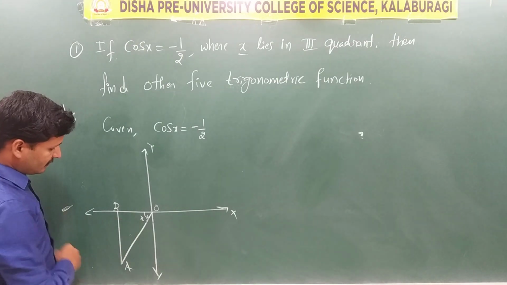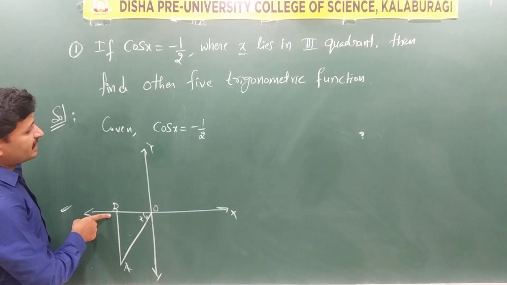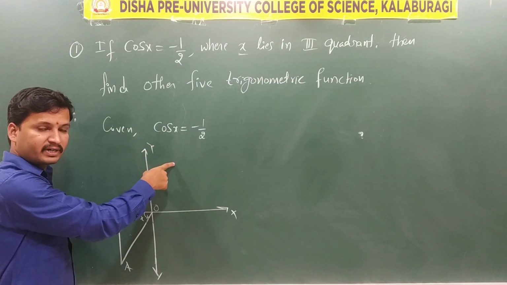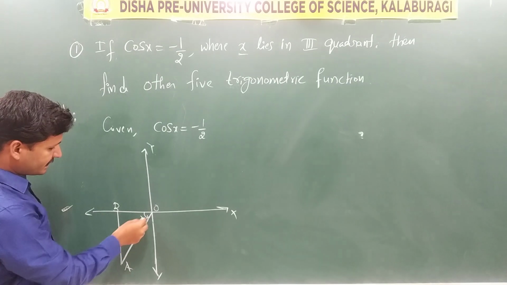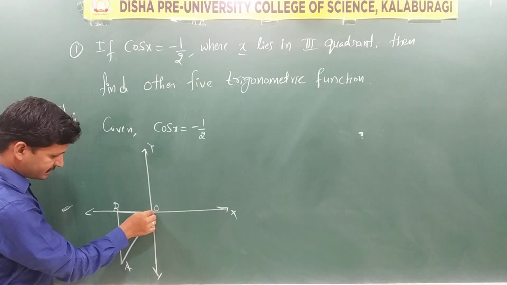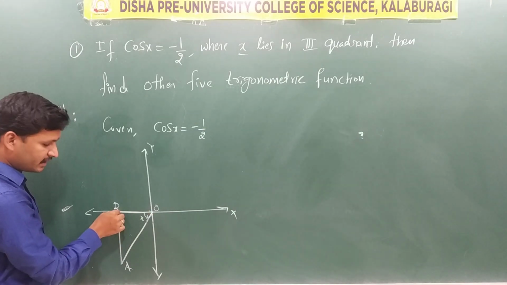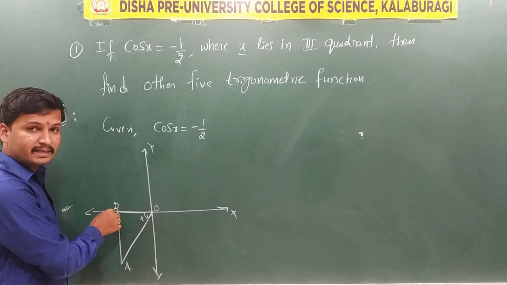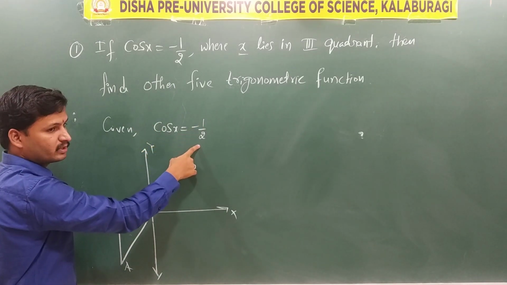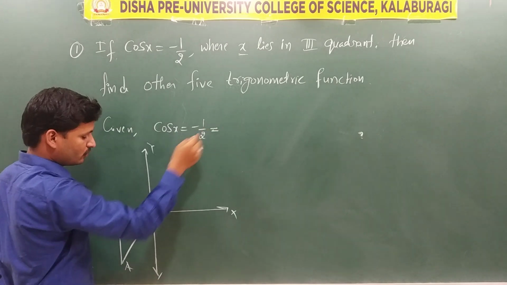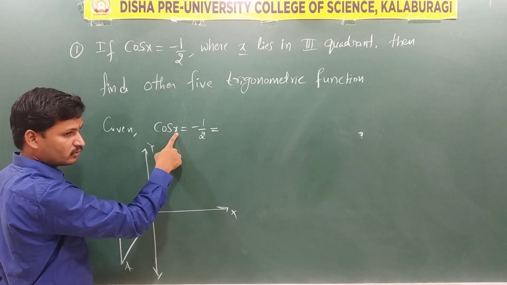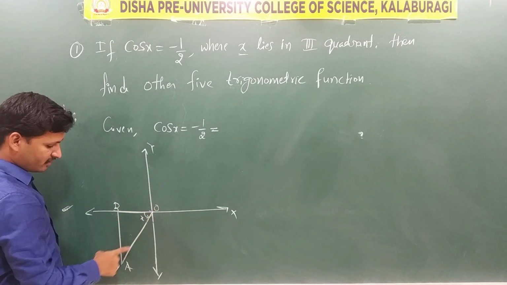Then define the cos function. Cos theta is equal to adjacent divided by hypotenuse. Here adjacent is OB, hypotenuse is OA. Adjacent OB is along the negative x-axis. We are already given cos x is equal to minus 1 by 2, which from this triangle OAB is OB divided by OA.